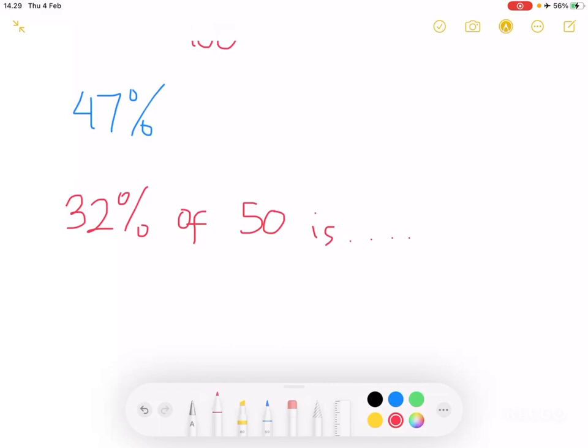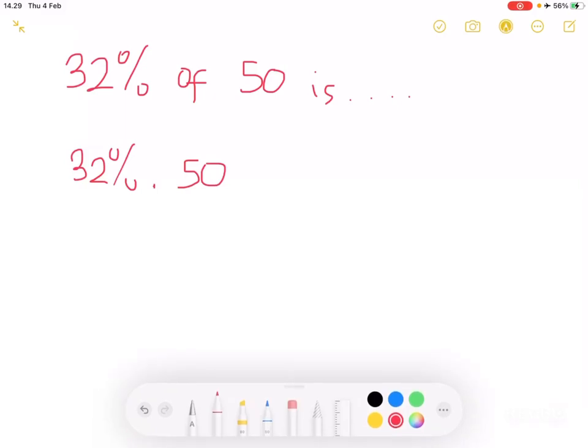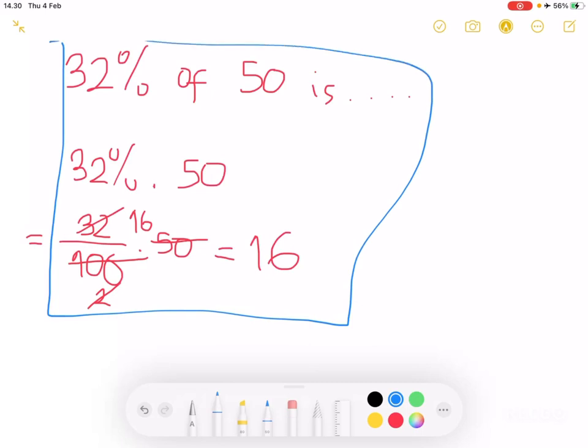What we will do is you can just multiply 32% and 50, which is that simple. 32% times 50, and remember that 32% can be rewritten as 32 over 100 multiplied by 50. So there's some cancellations going on right here. We're left with 2 on the bottom, and then we're left with 16, so leaving us an overall total of 16. So reverse percentage has to do with this type of question right here. So let's get into it.